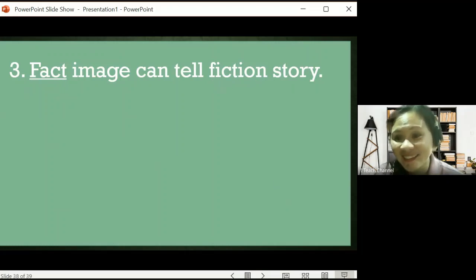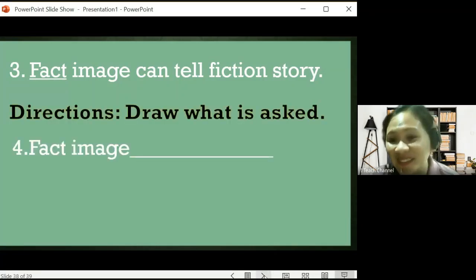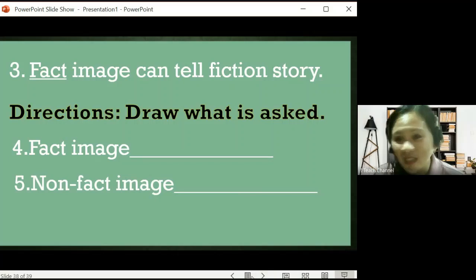Now, I'm sure that you are all correct with your drawing. You are going to send it to me. Of course, the fact images are real images. The non-fact images are make-believe images, which are not true.